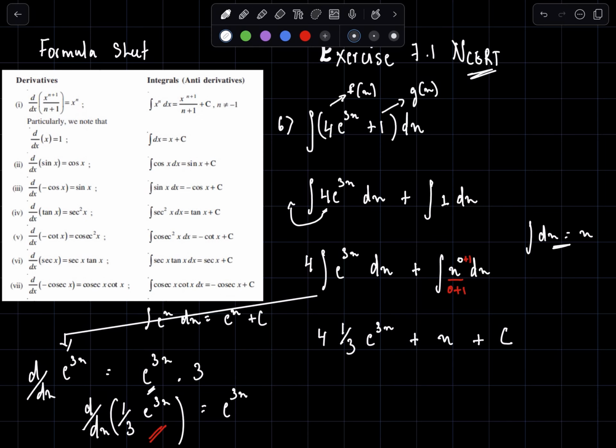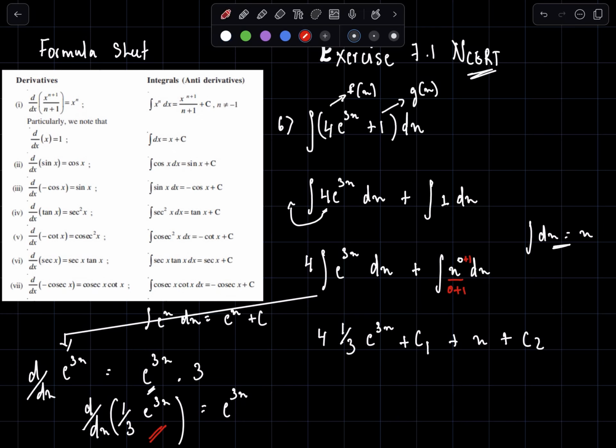Individually, they have their own plus c, so you can think of it this way: this is plus c1, plus x, plus c2, correct?